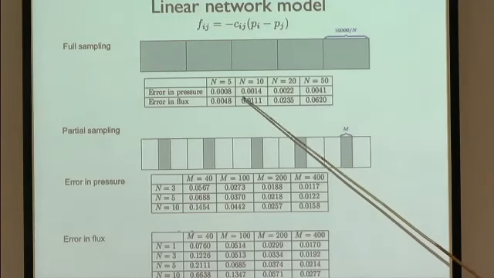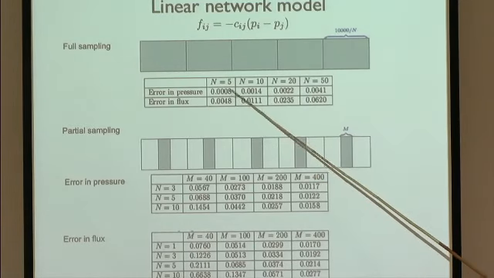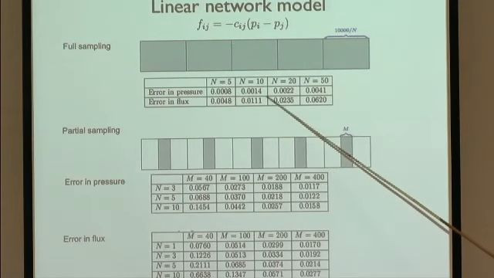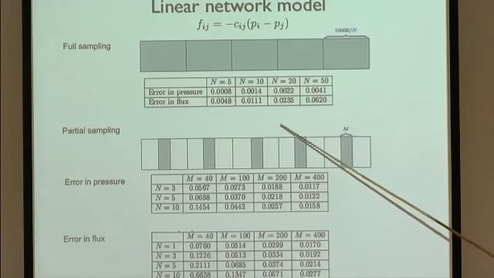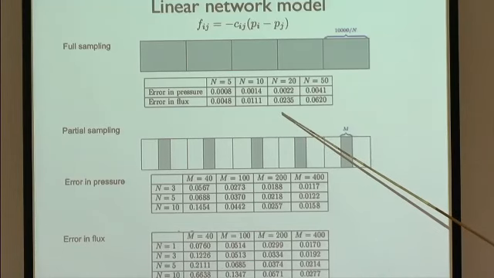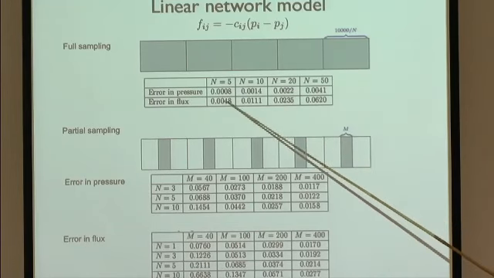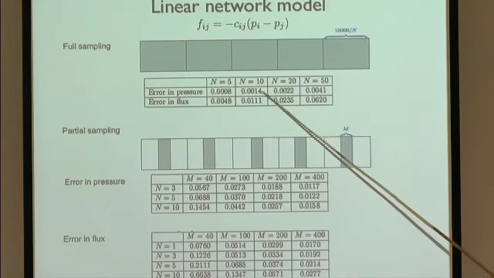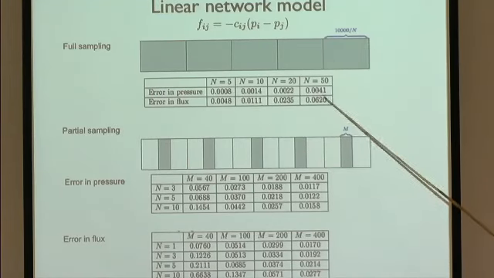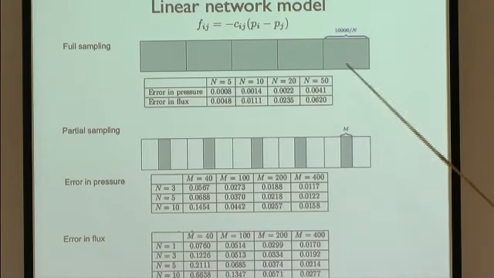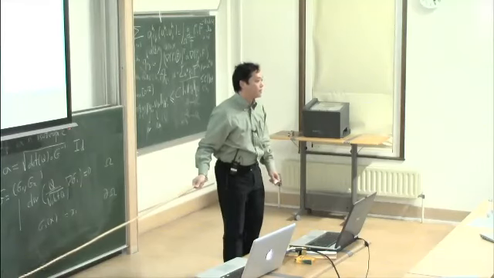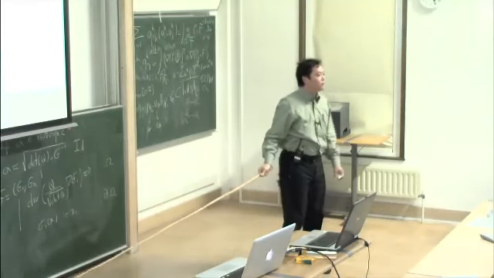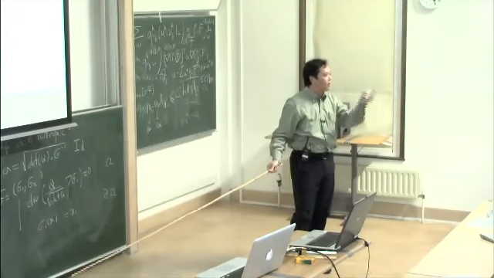You can see that the errors increase when you chop it up into finer and finer slices. The more slices you chop it up into, the more the error increases.